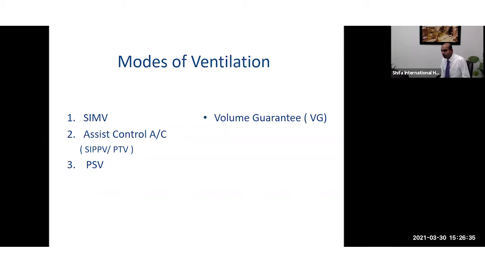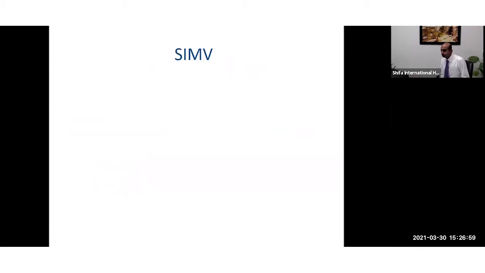And the third mode is pressure support ventilation. So these are all different kinds of modes which we can use in pressure control ventilation. And we can use all these modes on their own, which is pressure control ventilation, but we can also use these with volume guarantee. In that case, this will become volume control ventilation. And in all the modern ventilators now, there's an option to use volume guarantee ventilation along with all these modes.